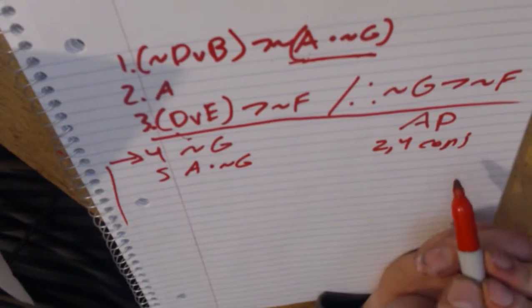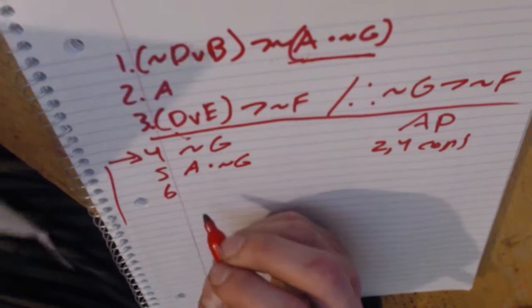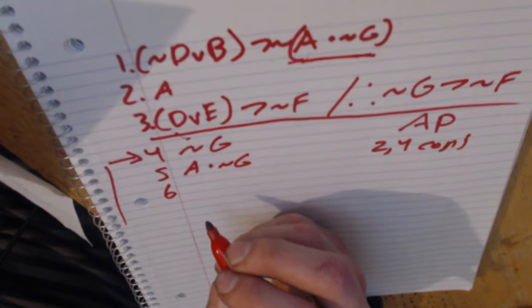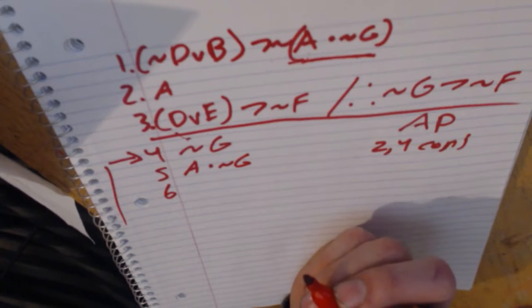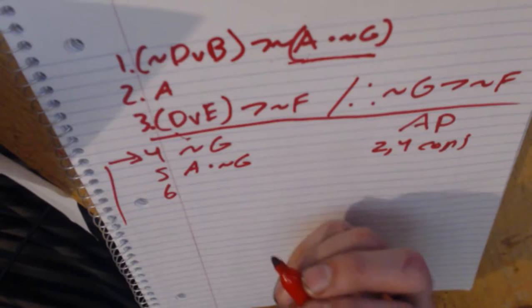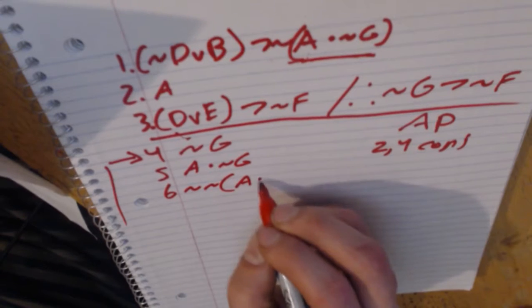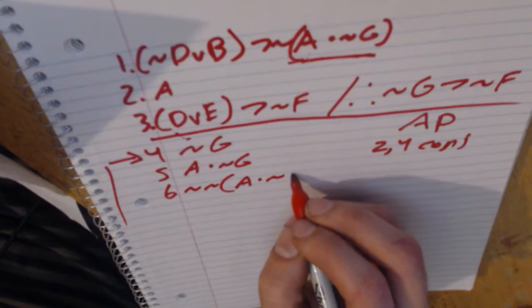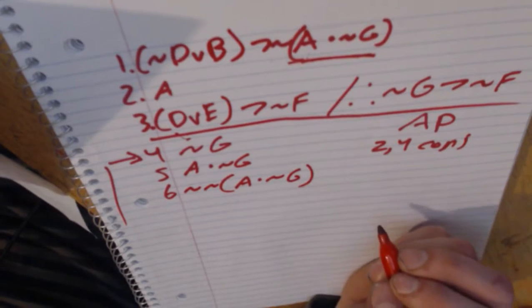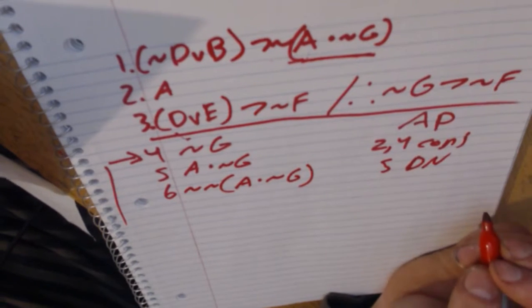That's how you use conjunction, and you know that. I've seen it. I've seen your proofs. Okay, so now line 6. There's probably an easier way to do this, but this is what I did. I double negated the whole thing. Just like that. So line 5, double negation.